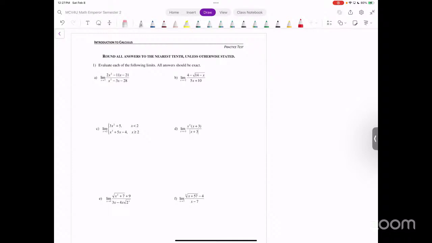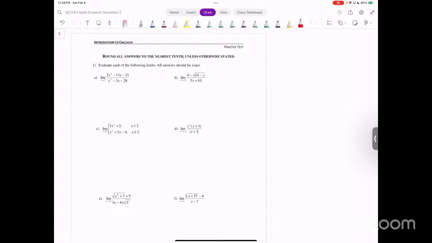Sir, is it basically how we did the sum rule and quotient rule and those rules? Isn't it basically just subbing in the limit value, but you just show your work? I have a quiz next week, so I'm just asking.